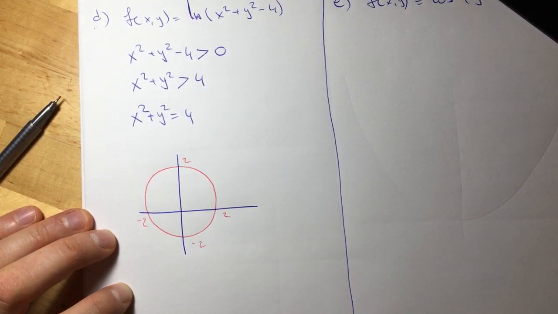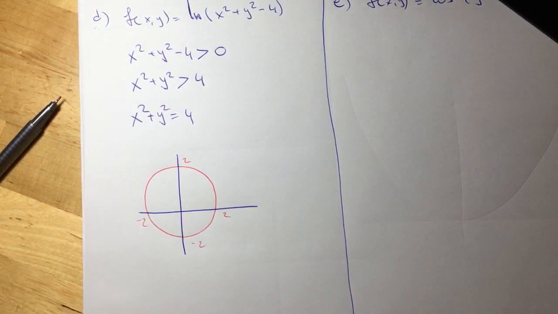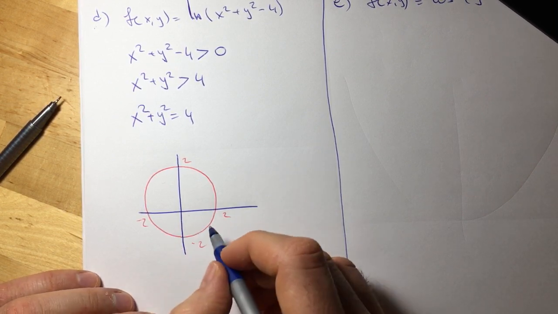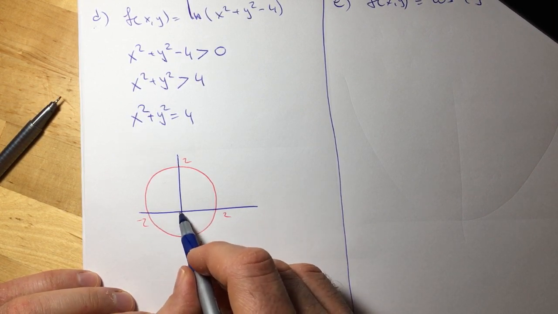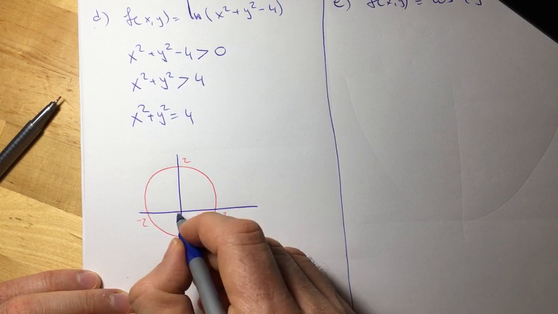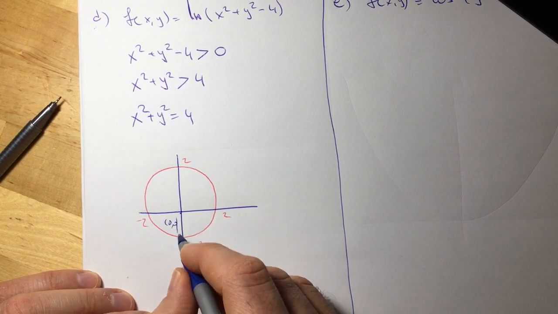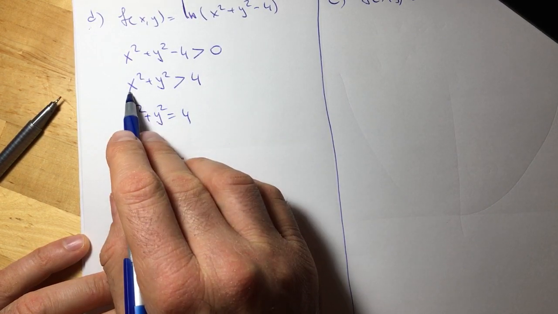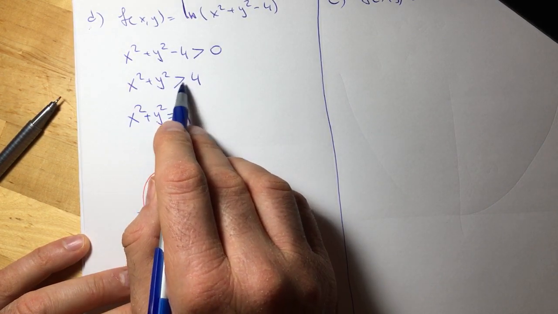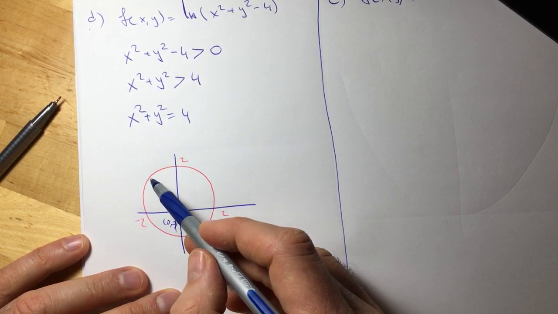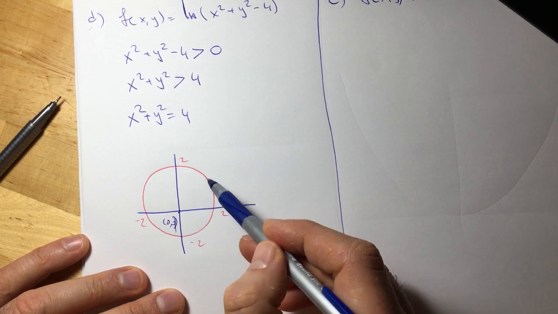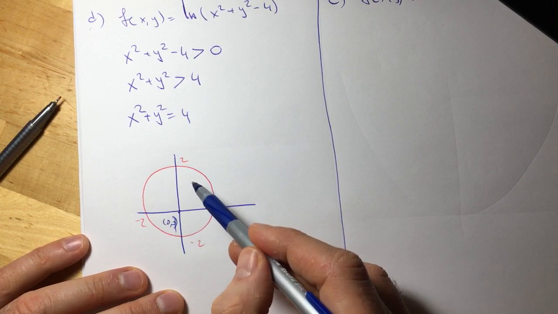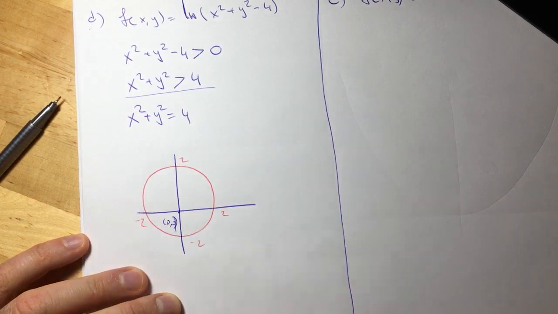Okay, so again, take any point here, and in this case, the origin. The curve doesn't cross through the origin, so why don't we simply check whether the origin satisfies this inequality? So 0 for x plus 0 for y, it's not greater than 4. That means none of the points within the circle will satisfy this inequality, right?